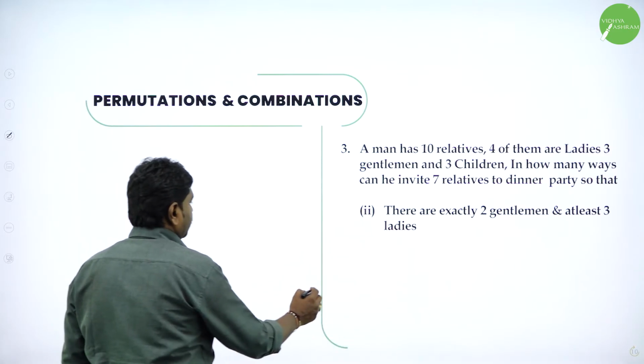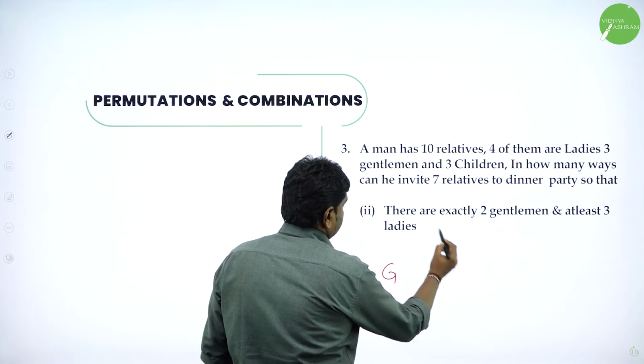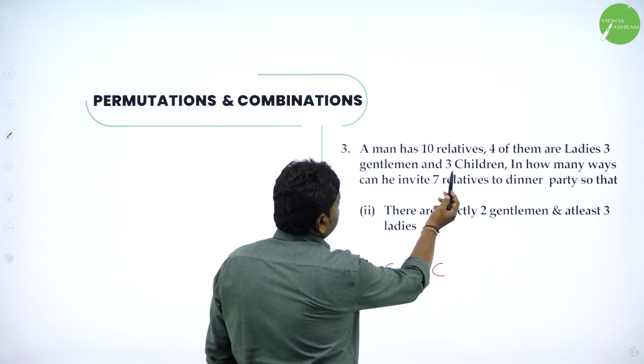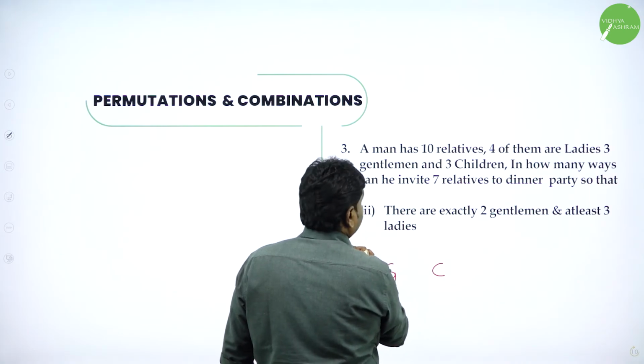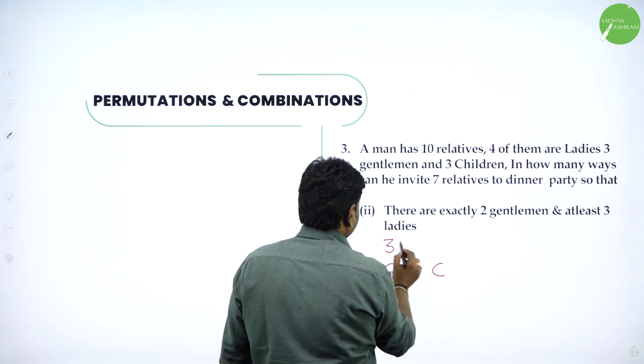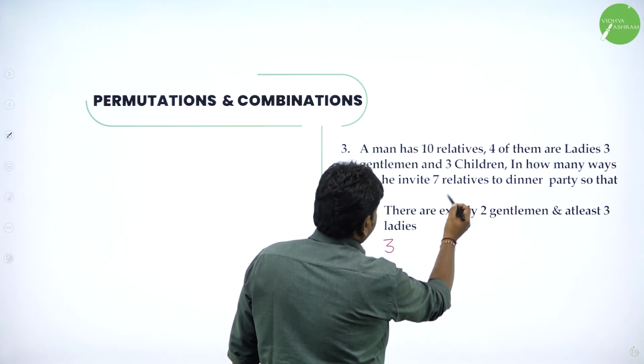So they have given ladies, gentlemen, children. The possibilities are: 10 relatives, 4 ladies, 3 gentlemen, and 3 children.